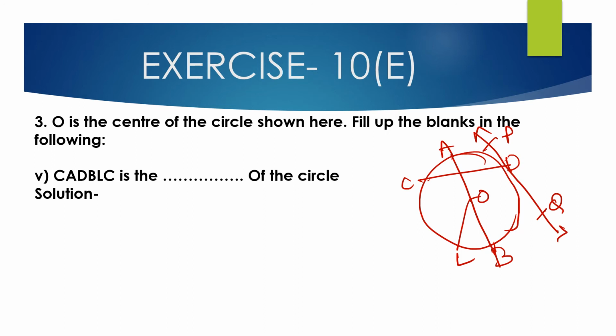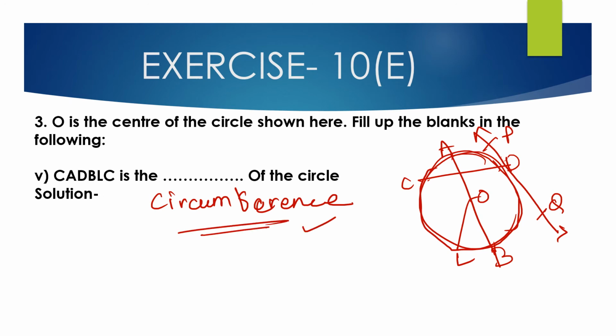CAD, this is B, L, C. This is the circumference or the perimeter of the circle. Circumference.